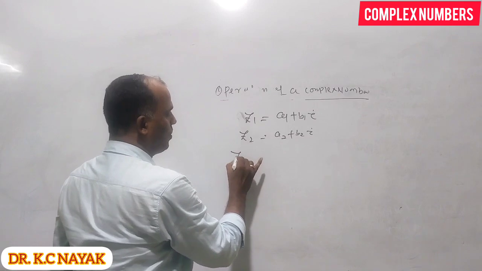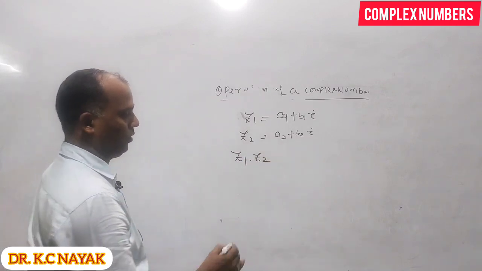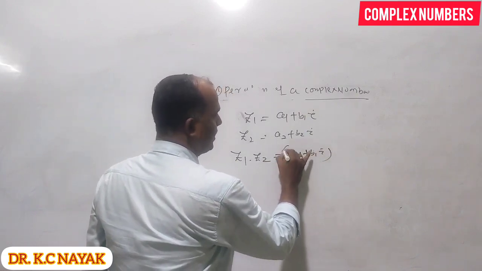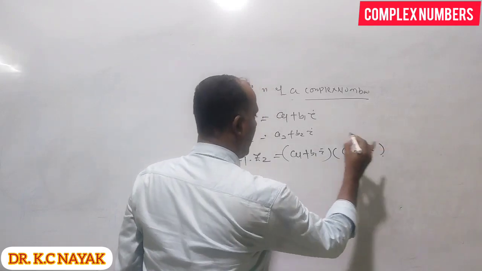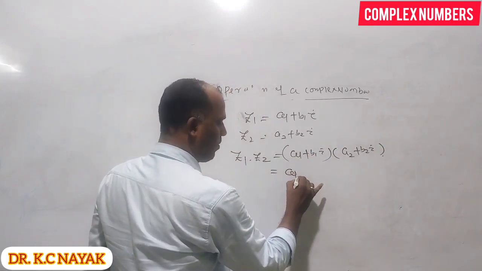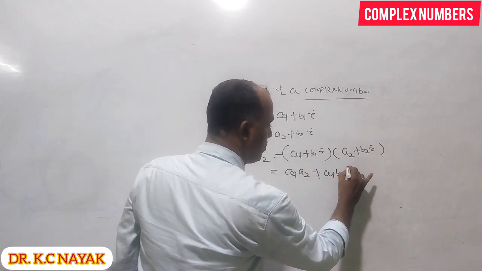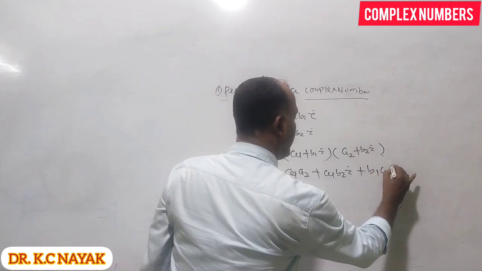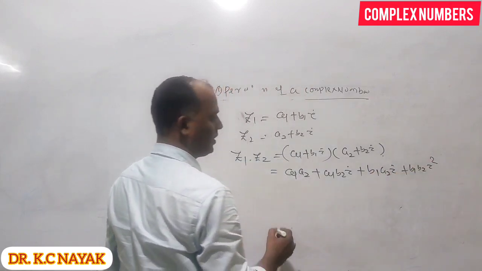I want to go for the product of two complex numbers, z1 into z2. How? a1 plus b1i into a2 plus b2i. We make it a1 a2 plus a1 b2i plus b1 a2i plus b1 b2i square.